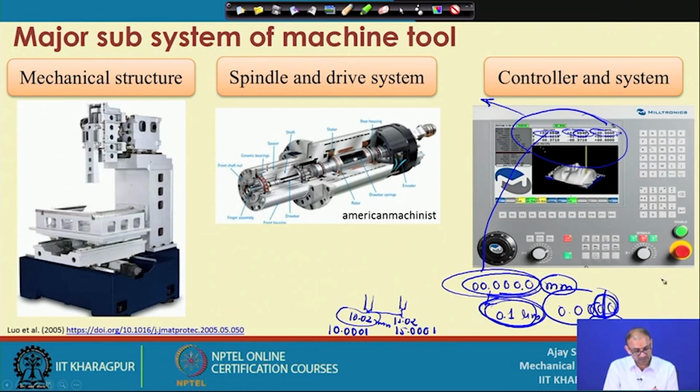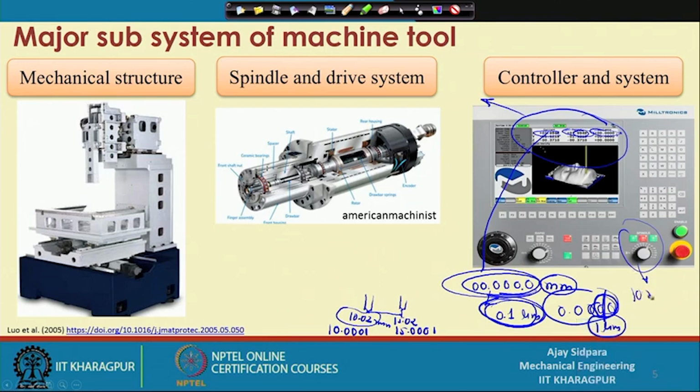Then you can control the speed very efficiently, and this is very important, because suppose you have set a feed rate of 10 millimeter per minute, and by chance it is giving some type of fluctuation, that your tool is not moving or it is creating something, which is easy to get information out of.